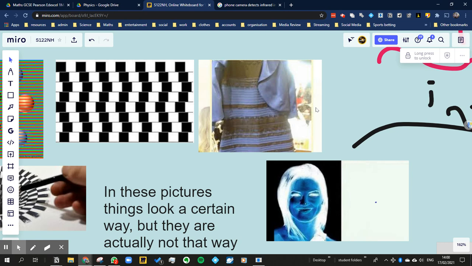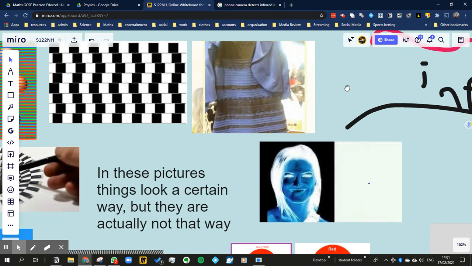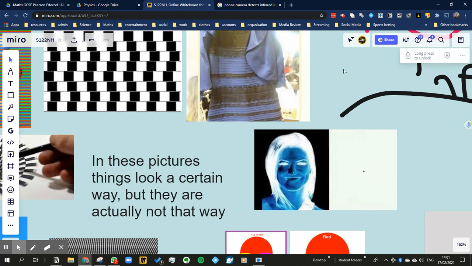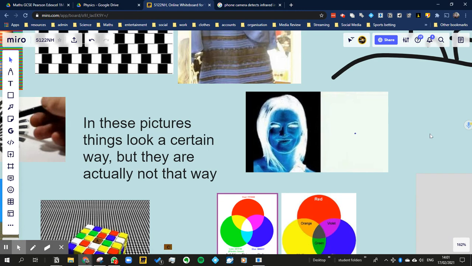I think the other colours that people see are black and blue maybe, or something like this. But I see white and gold, and I find it very difficult to understand how you can see the other colours. The people who see the other colours will find it very difficult to understand how I can see white and gold. So, our imagination is very important for how we see the world, and it can be tricked.